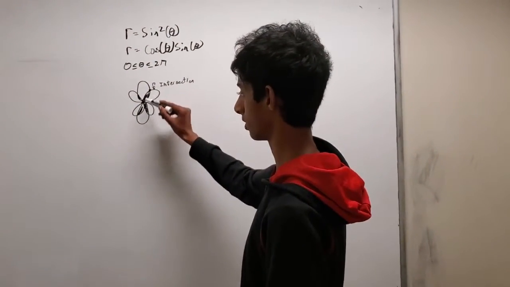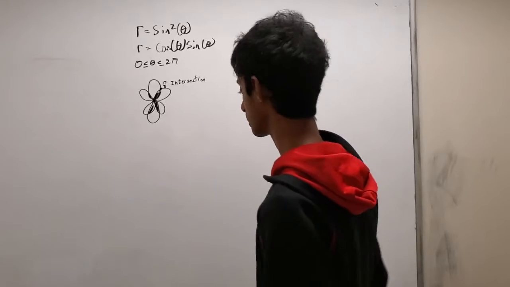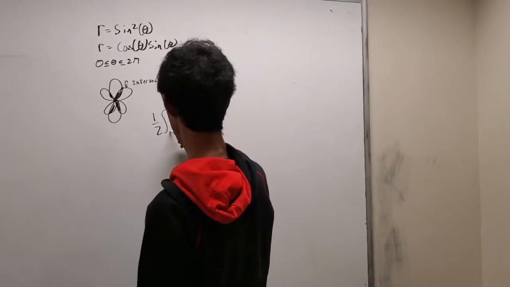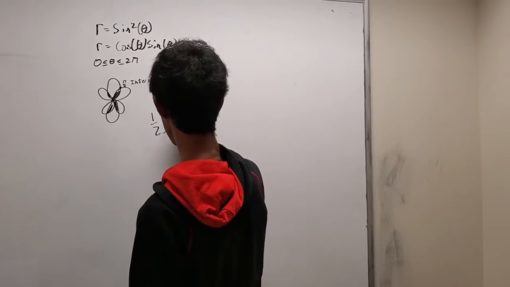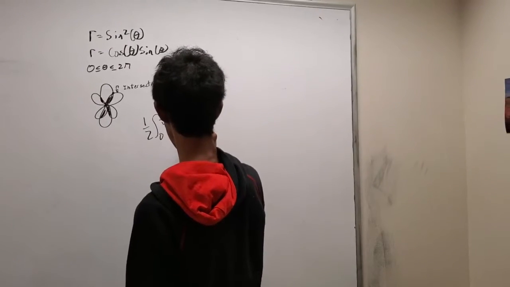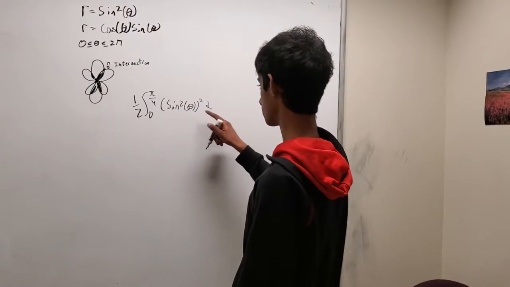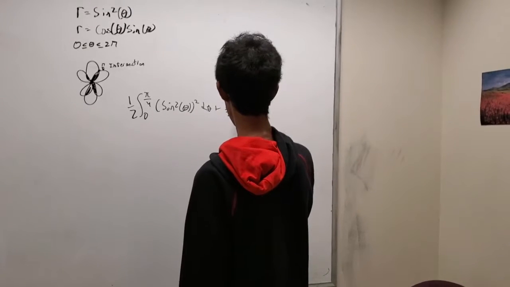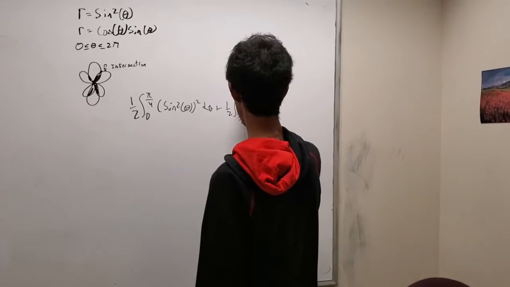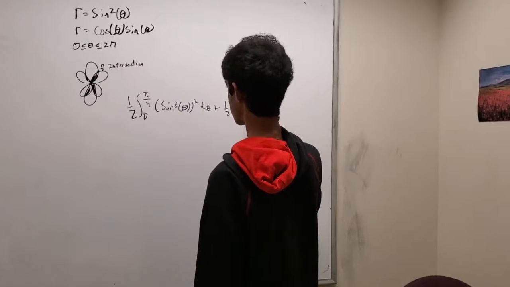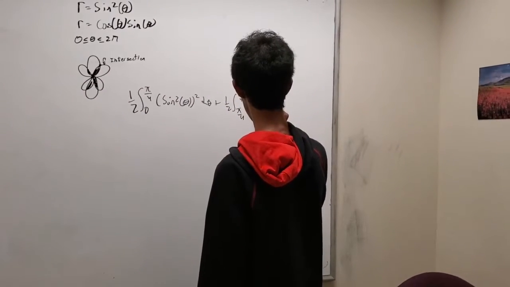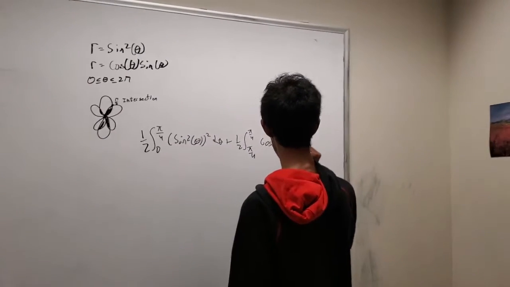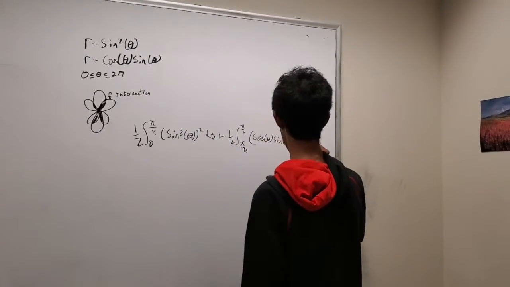So to find one of the shaded regions, you would have to do 1/2 integral from 0 to pi over 4 of sine squared theta squared d theta, plus 1/2 integral from pi over 4 to pi over 2 of cosine theta sine theta squared d theta.